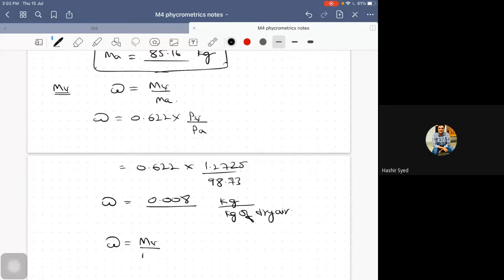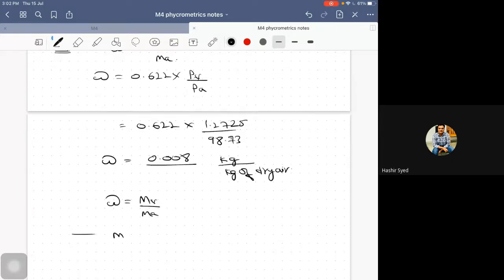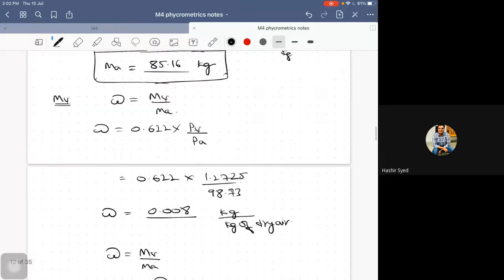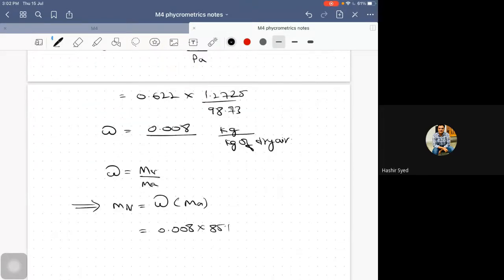Now, once I have the value of omega, I can calculate the value of MV. MV is equal to omega times MA. So it is 0.008 into MA, and MA is 85.16. So from this, MV value in kg is 0.685.